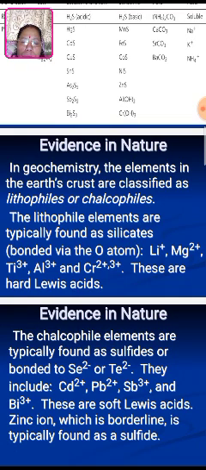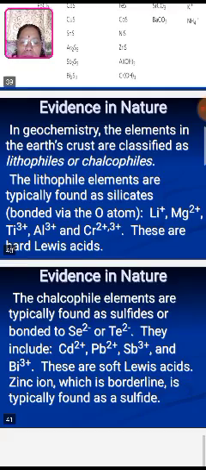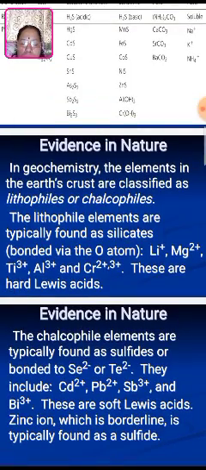The chalcophile elements are typically found as sulfides or bonded to selenium, tellurium. They include cadmium, lead, bismuth, etc. These are soft Lewis acids which donate the electron pair towards the ligand. Zinc ion is borderline and is typically found as a sulfide.